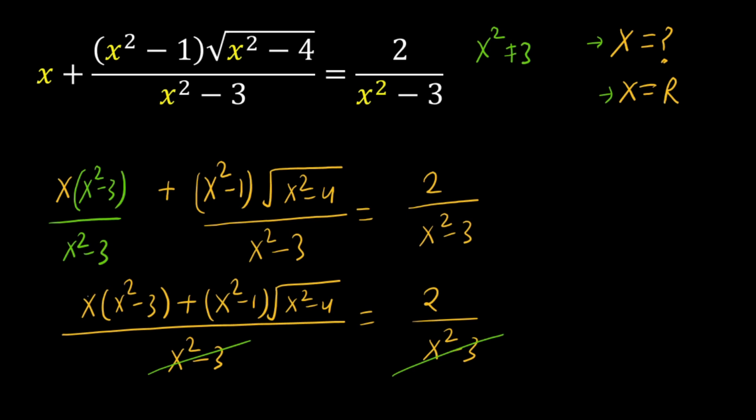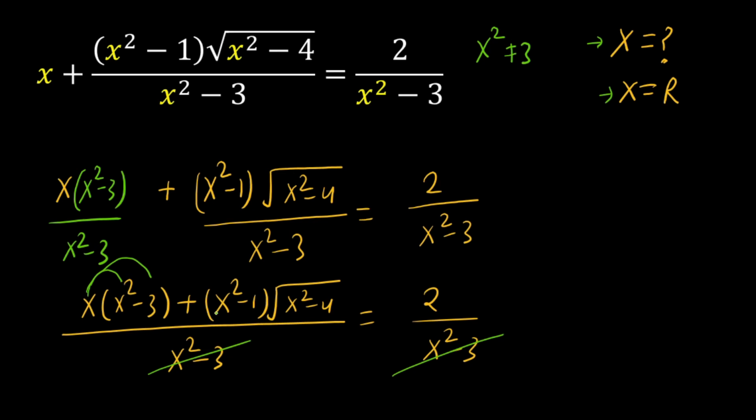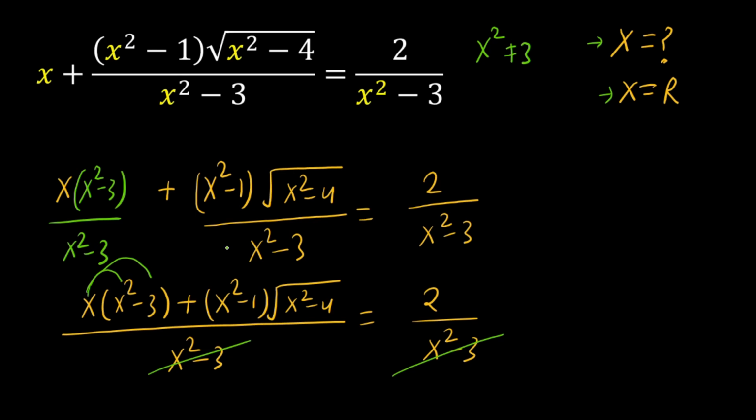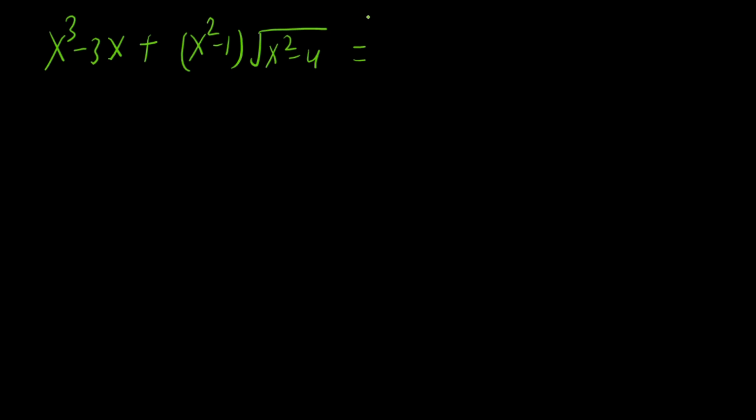So on the left-hand side, this x is multiplied by x² and this x is multiplied by −3. Then you will get x³ − 3x, plus (x² − 1) times √(x² − 4), and this equals the right-hand side, which is 2.